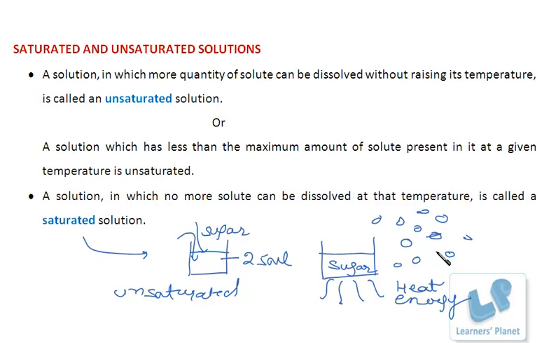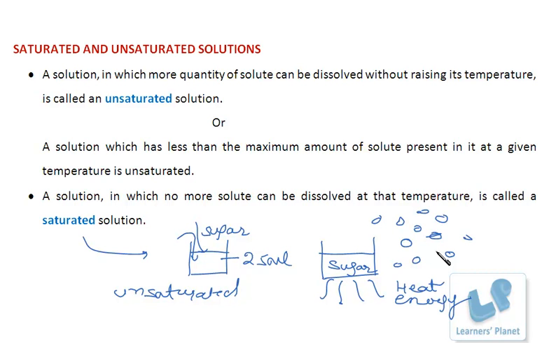See, when any solution is heated, what happens? The particles gain energy and they start moving haphazardly. As a result, the interparticle space, which is nothing but the space between the particles, increases. So within this space, more of the solute can be accommodated.